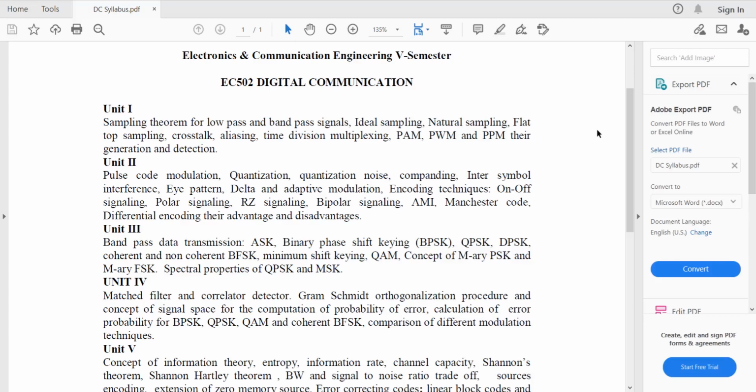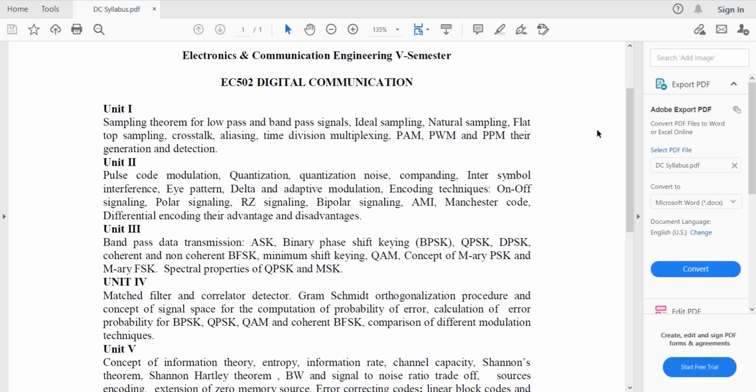Okay, then comes unit 2, in which we will be studying pulse code modulation. Unit 2 is mainly for low pass signals; it is for low pass signals that we use all these techniques. Sampling is a part of the process in which we convert an analog signal into a digital one.